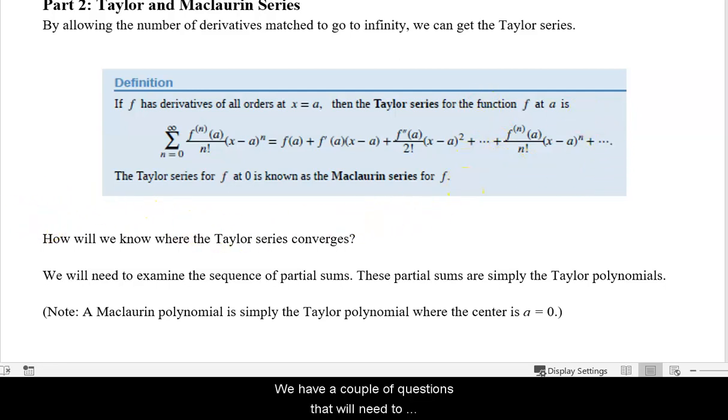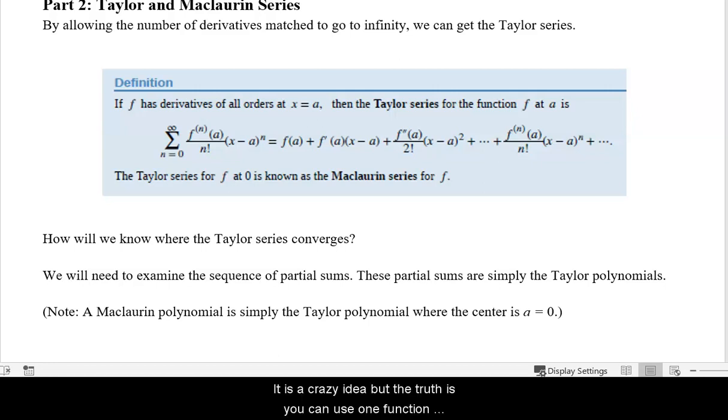We have a couple of questions that we'll need to figure out while we're working with these. One of the first questions is, how will we know whether or not the Taylor series converges? And second, if it does converge, how will we know what the Taylor series converges to?